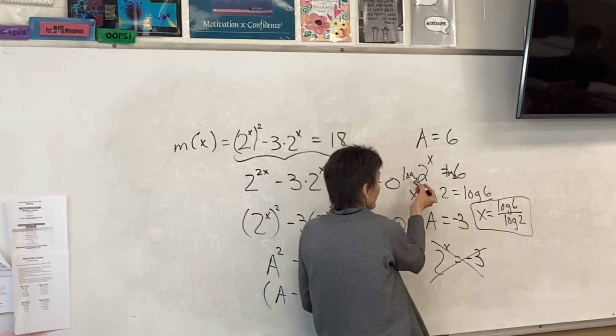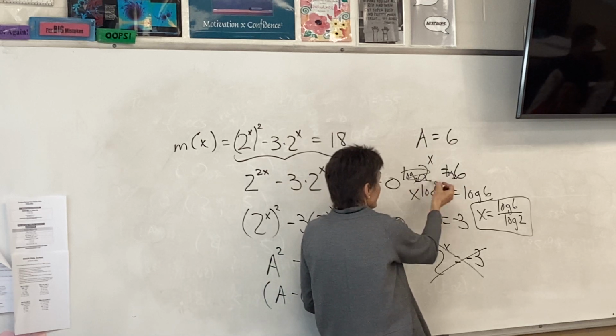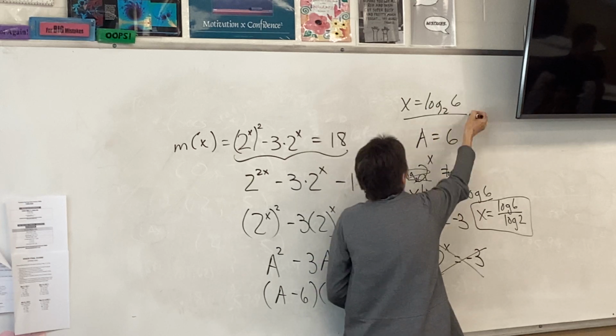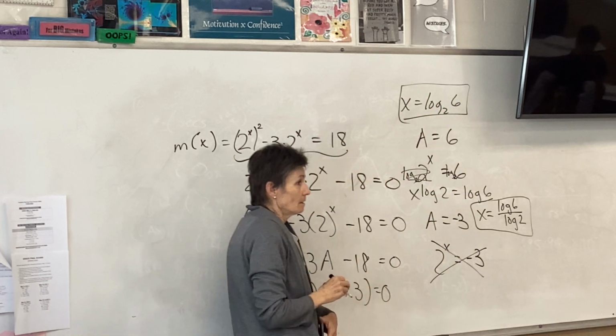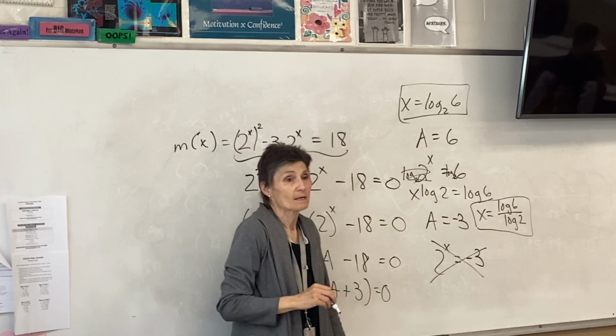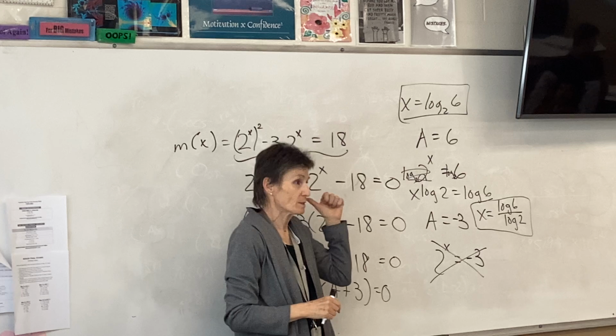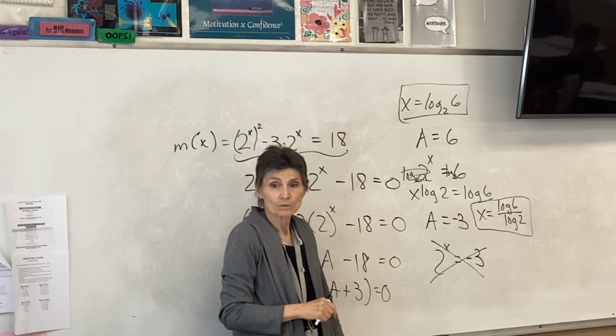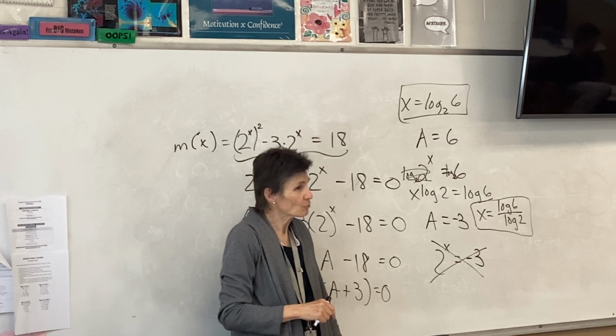What would happen if I log base 2 both sides? X equals the log base 2 of 6. So you could answer this way, that way, with ln's, but the point is, the equation was in quadratic form. You see that now? Kind of tricky there.